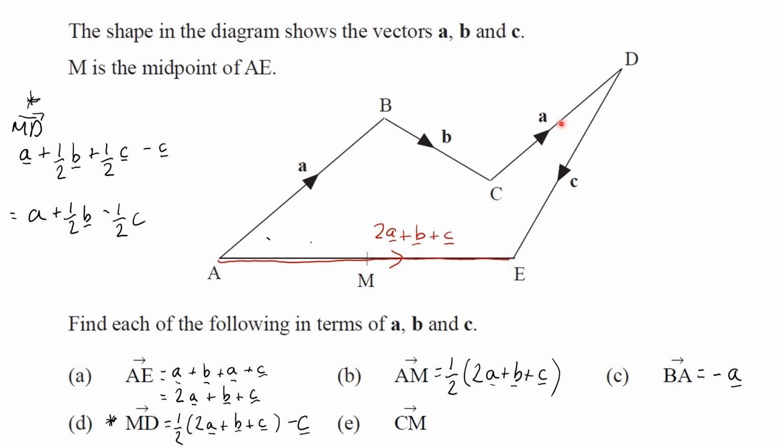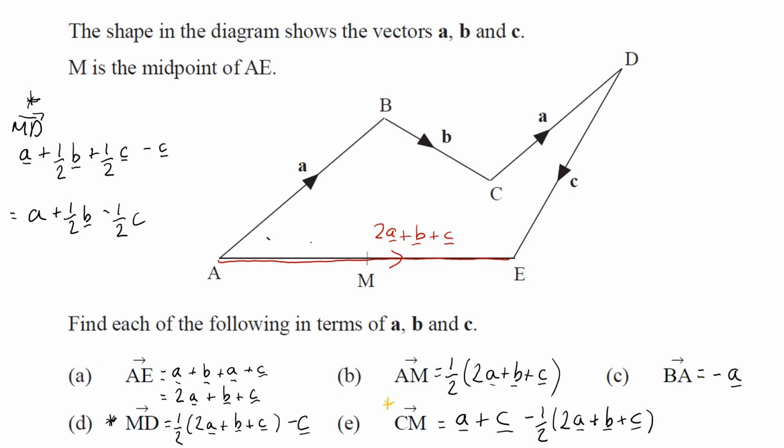I'm going to go on to D. Okay, so that's going to be A plus C, and that will take me to this point here. Then to get backwards, I need to go back, so I'm going in the opposite direction. So it's going to be negative, and I'm going halfway along. So it's minus a half of 2A plus B plus C.